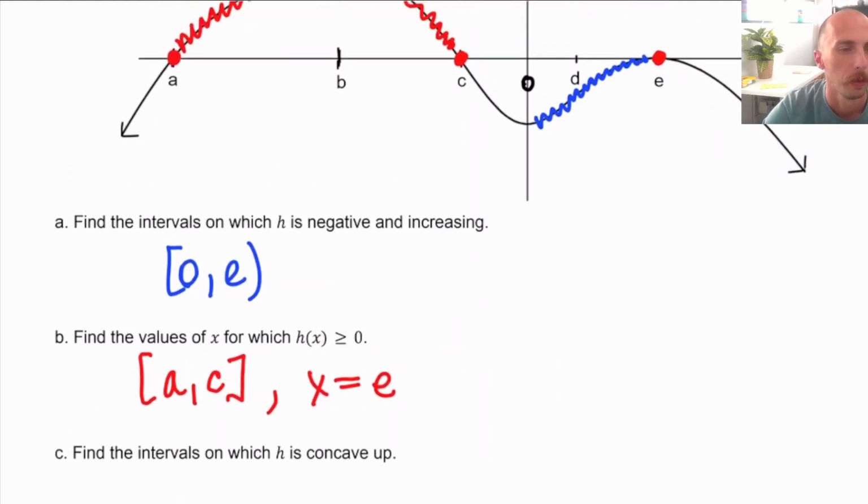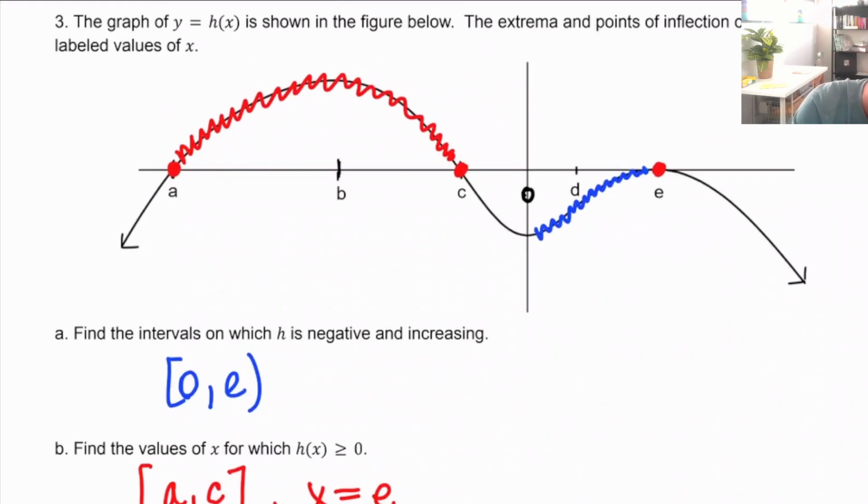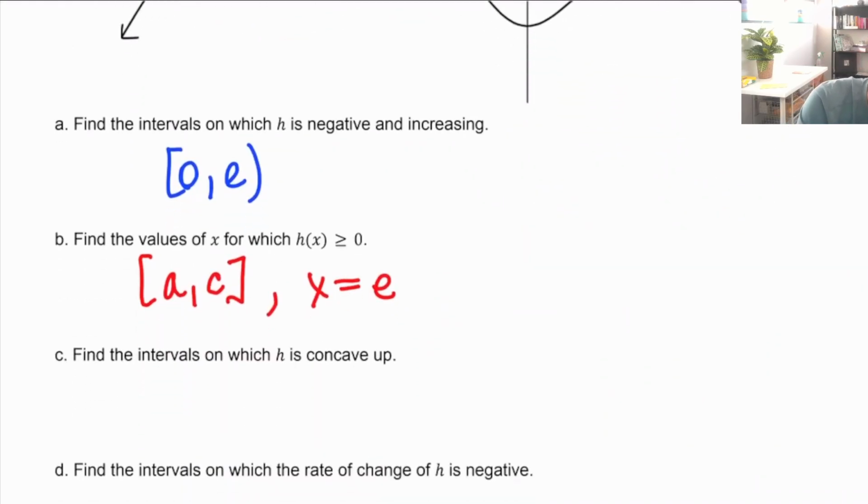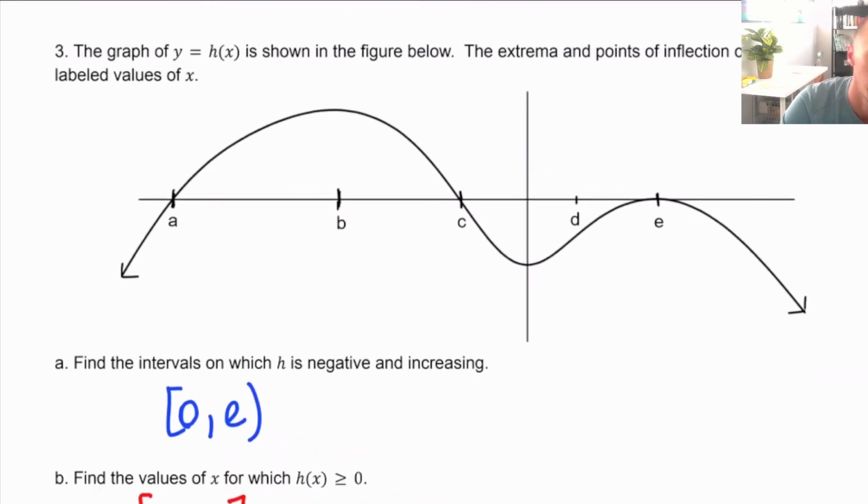All right, find the intervals on which h is concave up. I'm going to get rid of these annotations. Okay, concave up is where the graph is smiling. So not at the beginning. I do see it's smiling here in the middle, but then by the end it's frowning again. So I'm looking for this spot in the middle.